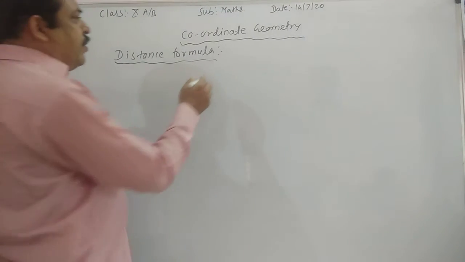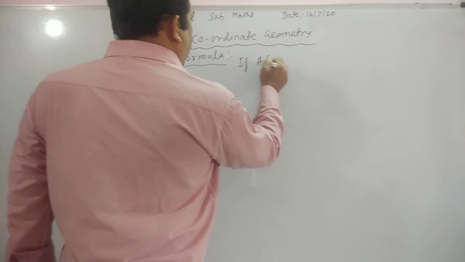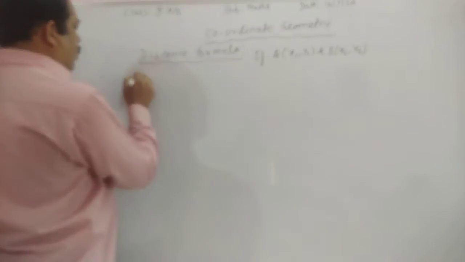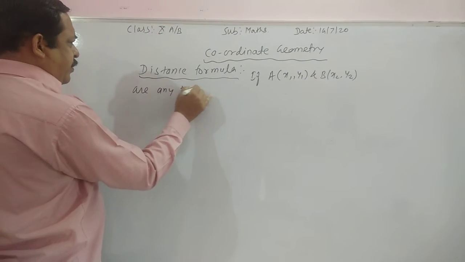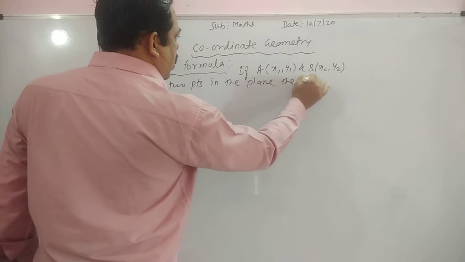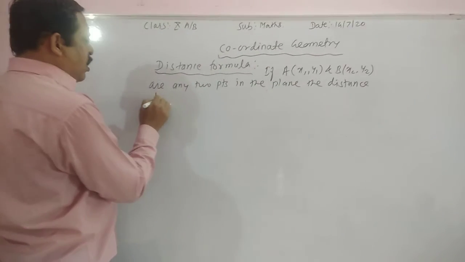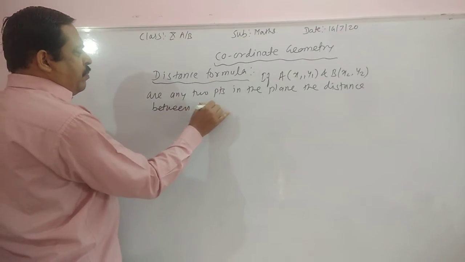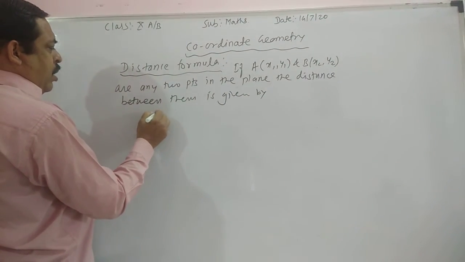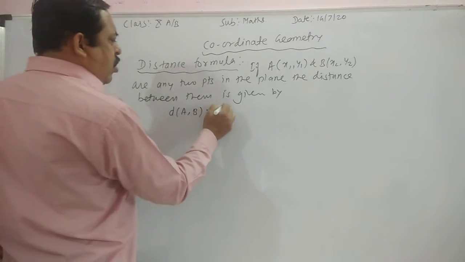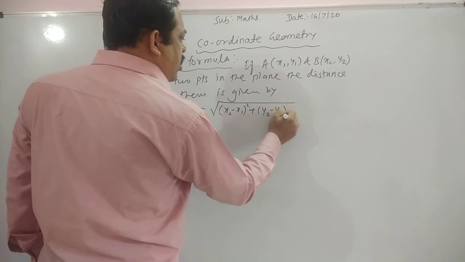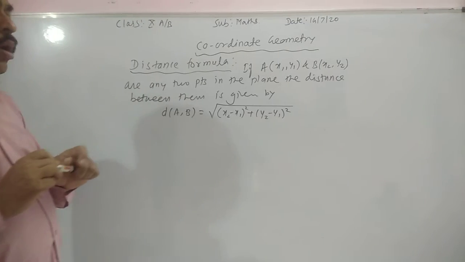Distance formula: if A(x1, y1) and B(x2, y2) are any 2 points in the plane, then the distance between them is given by under root (x2 minus x1) whole square plus (y2 minus y1) whole square. This is the distance formula.